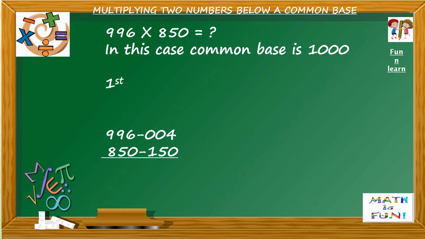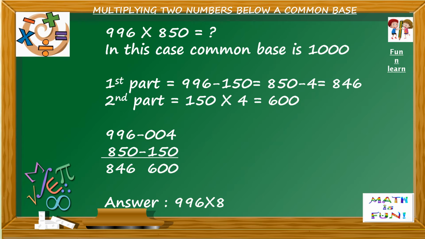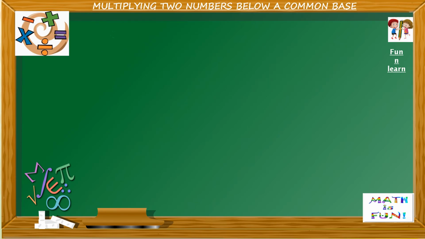So after cross subtraction, first part will be 996 minus 150, which is equal to 850 minus 4, and it is equal to 846. And second part is 150 into 4, which is equal to 600. So answer for 996 into 850 is equal to 846600.